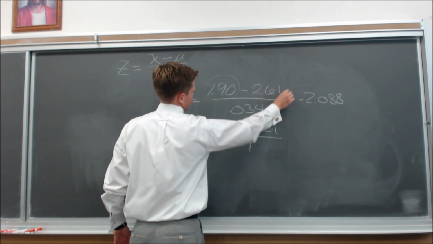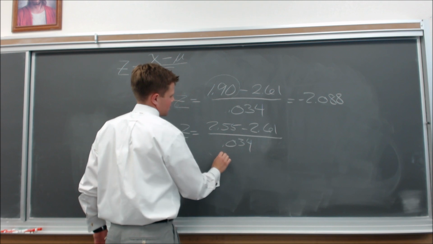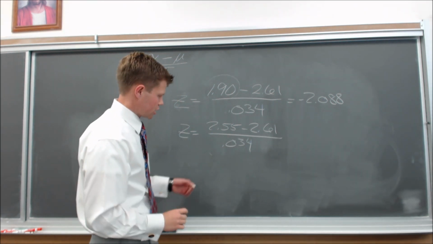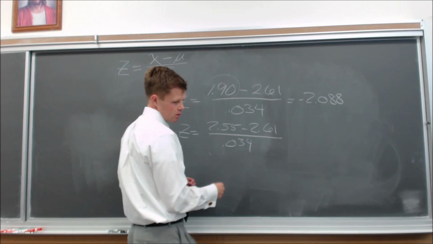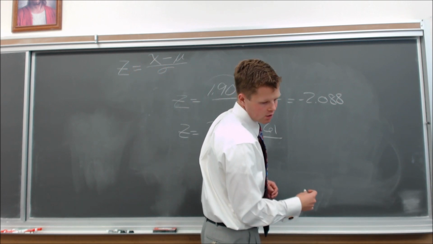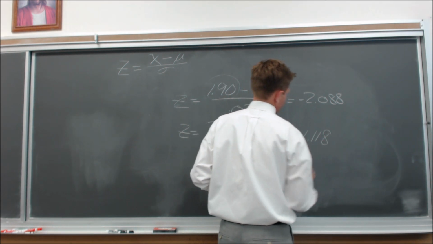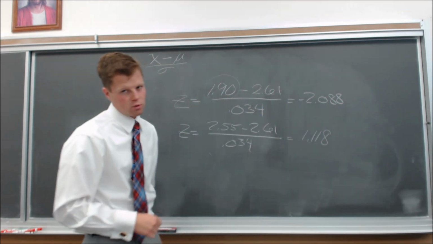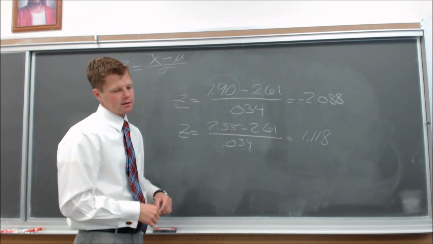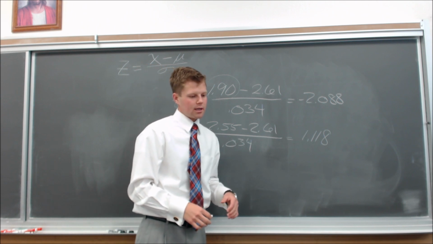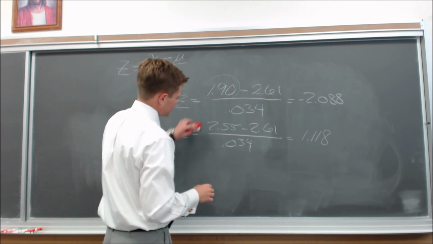This is your population mean, and this is your standard deviation of the population, and these are the individual scores that we're looking at. You throw this into the calculator, and you get a z-score of 1.118, or in other words, this guy is batting just one standard deviation above the average. So that's not unusual.